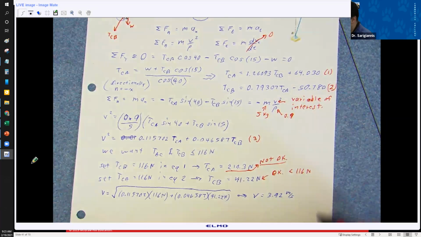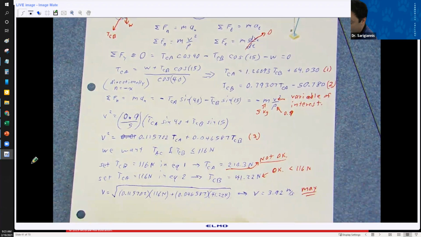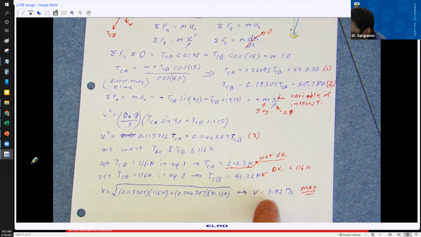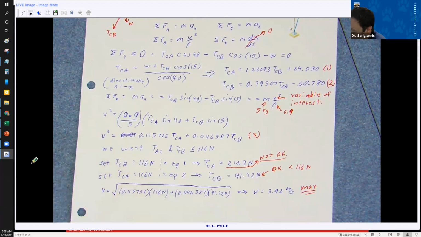This is the maximum velocity or maximum speed, right? Because this speed gives us a tension of 116 newtons in CA, right? We're just sort of working backwards here.